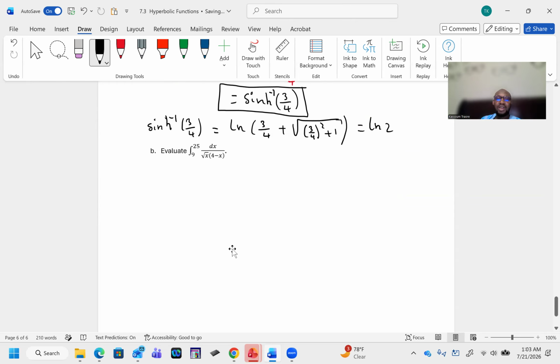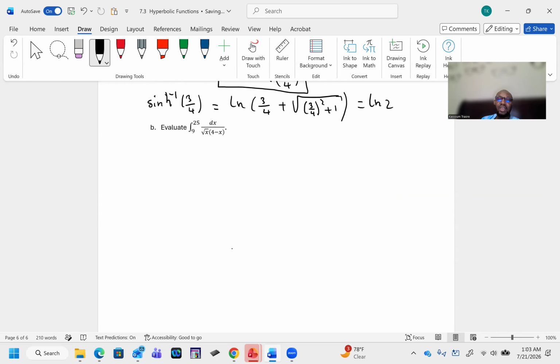So the last part for this section is to evaluate the integral from 9 to 25 of dx over the square root of x times 4 minus x. So let's go ahead and do this one.